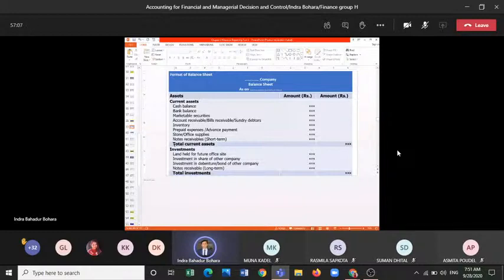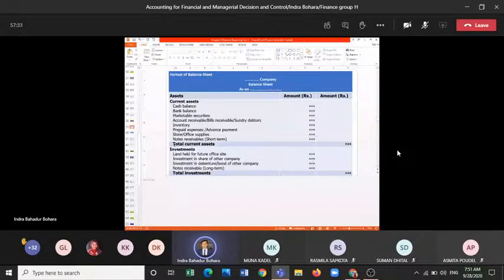in liabilities also, current liabilities, long-term liabilities, and shareholders' equity. In the order of short-term to long-term, when you prepare the balance sheet and present the assets and liabilities in the vertical format, that is known as the liquidity base of presenting the balance sheet.